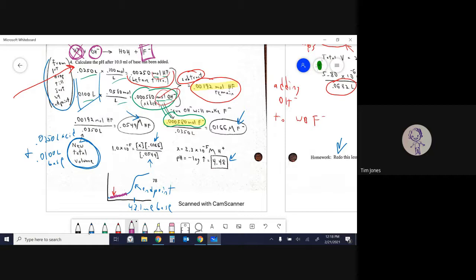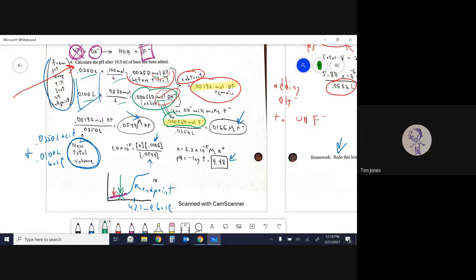Now, of course, the most obvious buffer is right smack in the middle of the titration. So right here, if you're ever asked to pick where a buffer is, that would be your best answer.